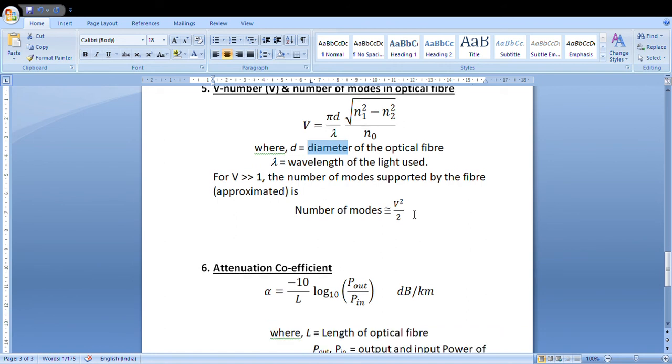And next we move on to attenuation coefficient. Now, as explained in the previous lectures, the waveguide which is accommodating these light waves or information need not necessarily be ideal, with light traveling perpetually from one point to another.